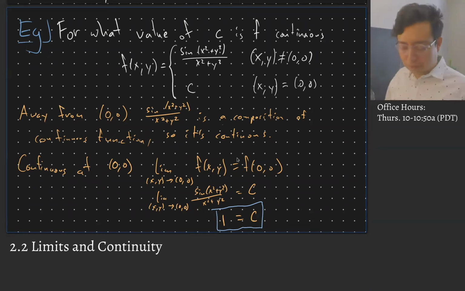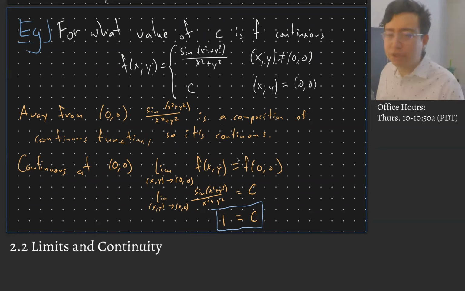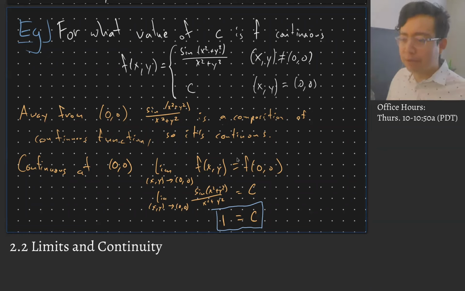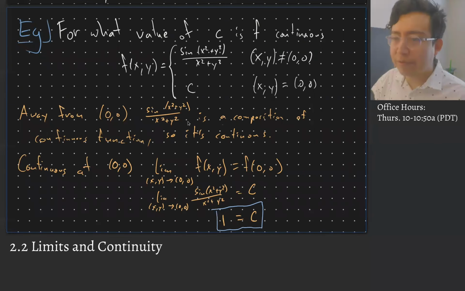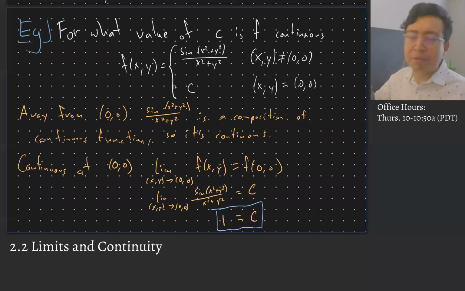So the moral of the story: if you're asked to prove something is continuous and there's nothing being divided, you just have to see if it's built out of the basic building blocks of continuous functions.